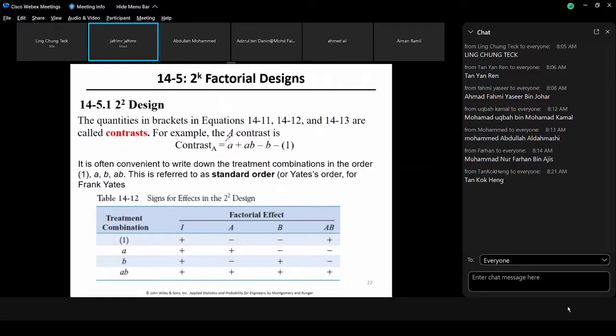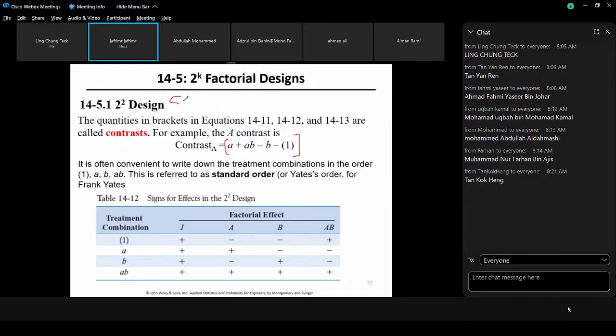Whatever value inside here is called contrast. For example, contrast of A. How do you get contrast of A? Let me demonstrate.